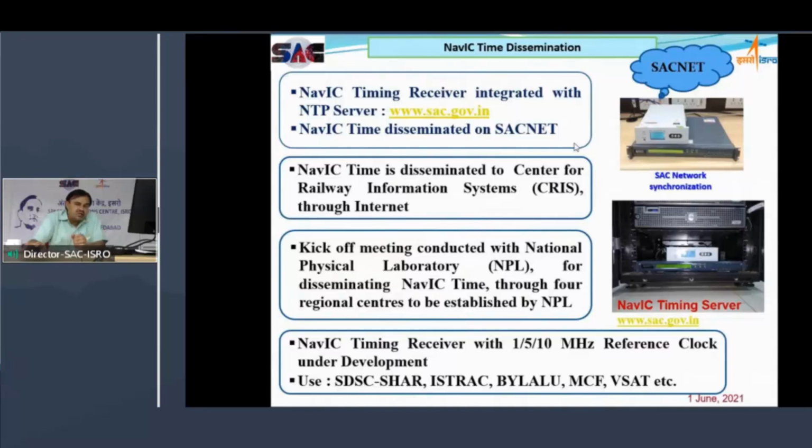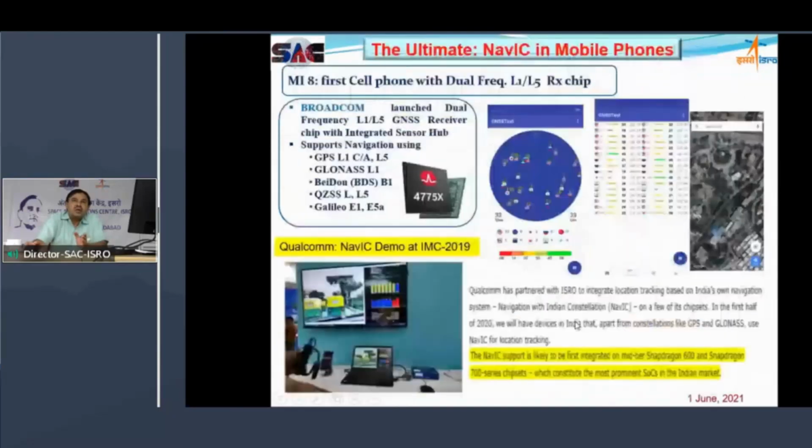In any cyber security application, or when any criminal fraud happens, timing information is very critical for detecting such frauds. So all these things will now be controlled with the timing provided by our NAVIC satellite system. These are all the advantages of having your own reference system.